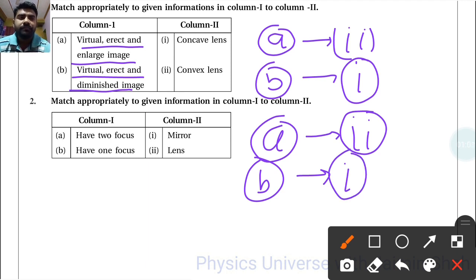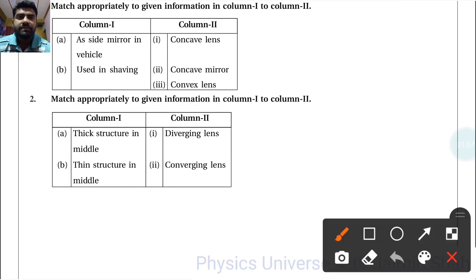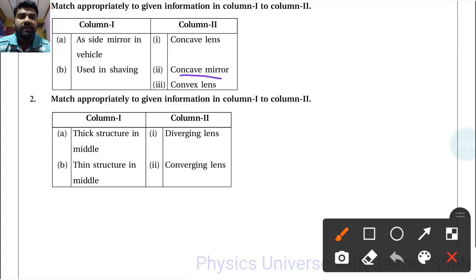Match the following. Now second one, as side mirror in vehicle. So we are using convex lens. Why? Because, here there is a printing mistake.